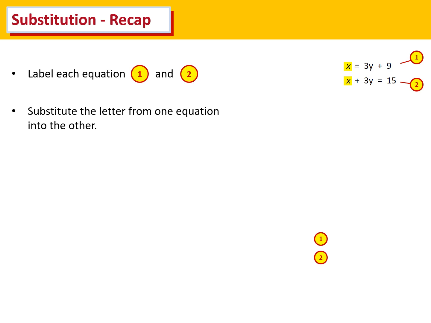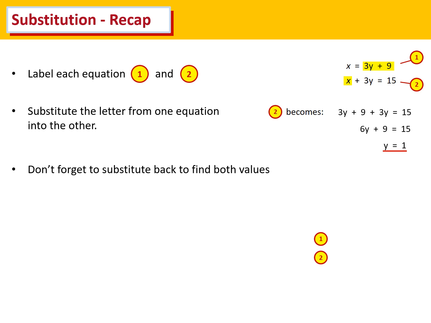So we're going to take the x from equation 1, because it equals 3y plus 9, and substitute it into equation 2. So now equation 2 becomes 3y plus 9 plus 3y equals 15. We can then simplify and solve, and we've got y equals 1.